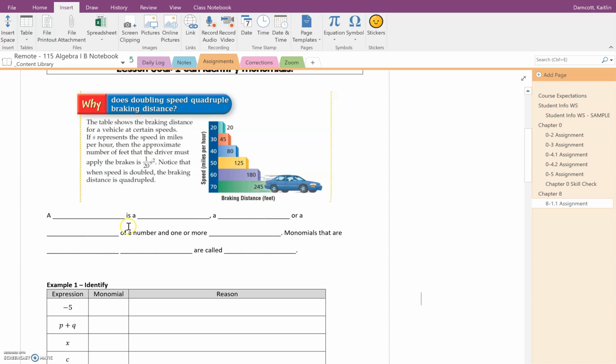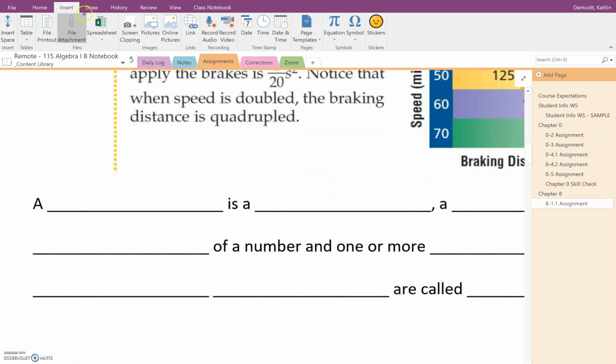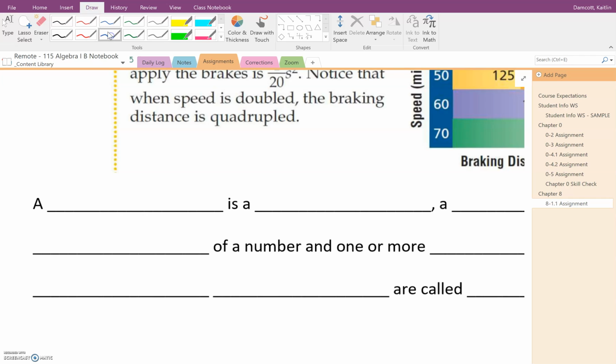The first word that we're going to insert here is monomial.